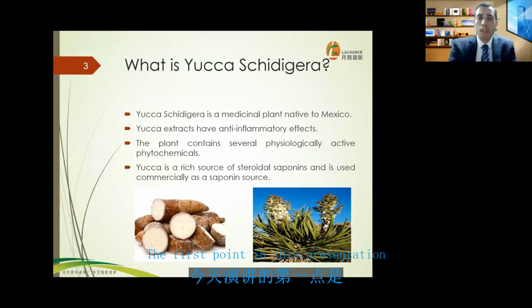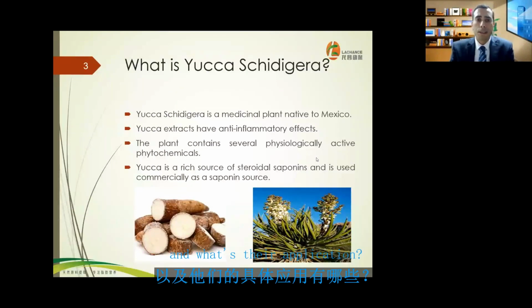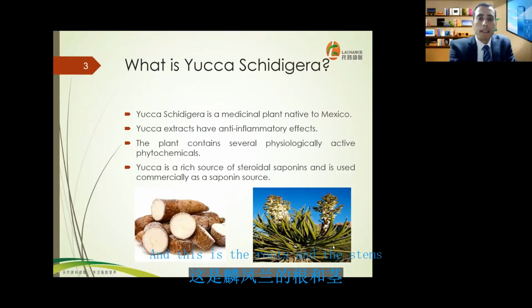The first point in this presentation: what is the Yucca plant and Yucca Extract, and what is the application? As you can see, this is a Yucca plant, this is during the flower, and this is the roots and the stems.